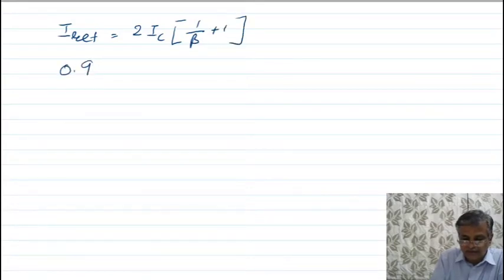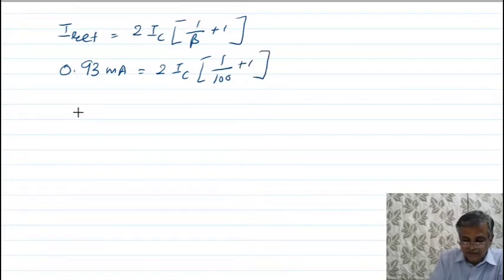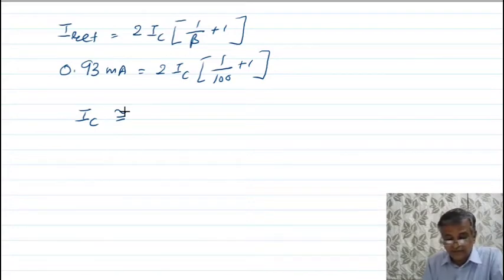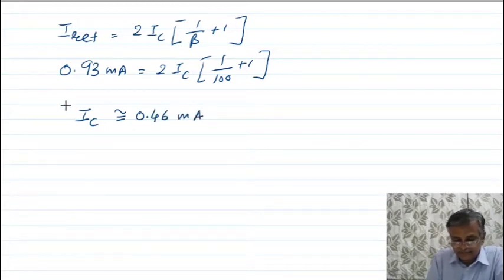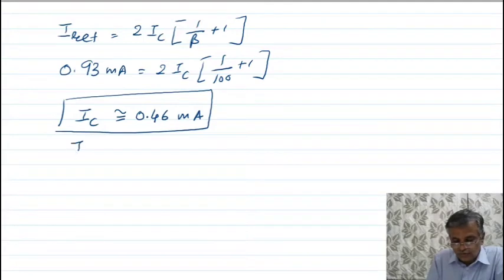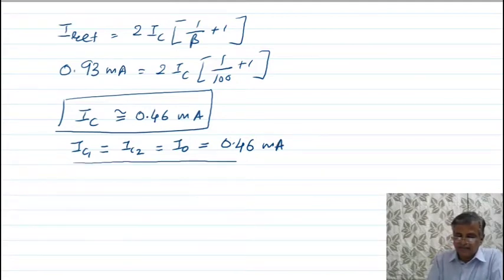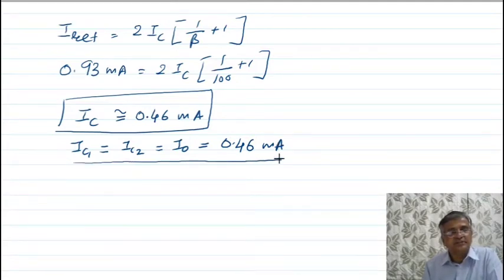So 0.93 milliampere is equal to 2 IC, and I have to calculate IC. Beta is 100, they have given. If you calculate this, you will get nearly 0.46 milliampere. Due to the mirror effect, IC1 and IC2 are nearly equal, and it is nothing but 0.46 milliampere. So this is the question, find IO. So we found the IO.